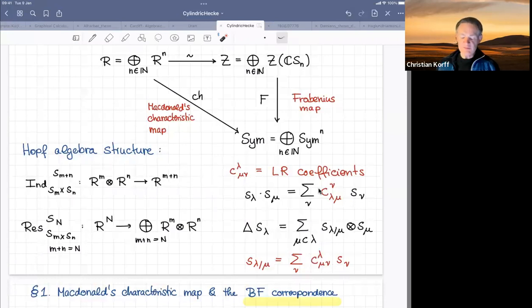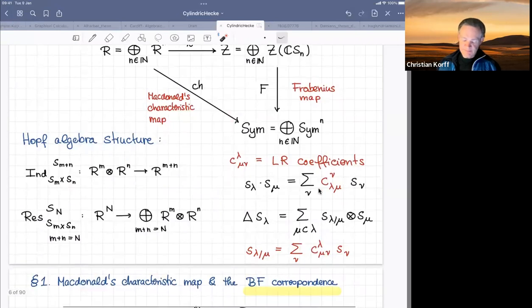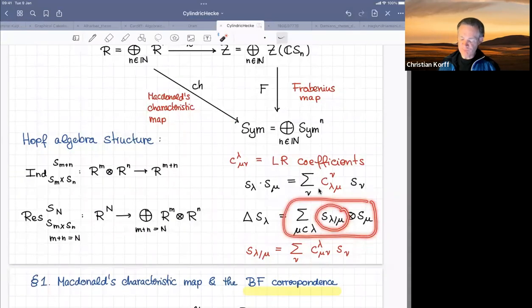And the reason for this is that the Hopf algebra, if you look at the ring of symmetric functions as a Hopf algebra, is self-dual, meaning that the coproduct has the same structure constants as the product. And what you do here is, your coproduct, which I denote by delta acting on a Schur function, is just the sum, where you have in the first factor appearing now a skew Schur function, and the sum is over all partitions mu which fit inside the Young diagram of lambda.